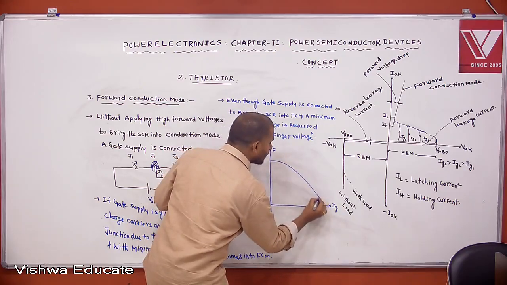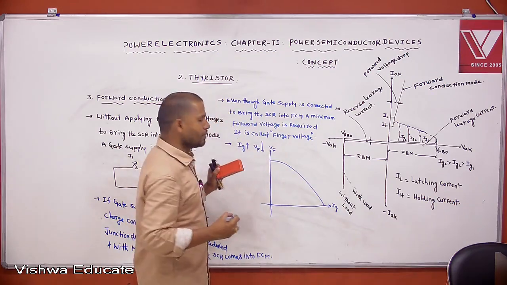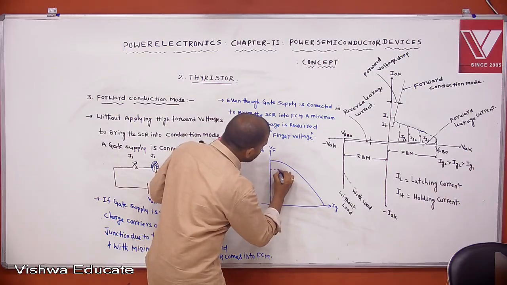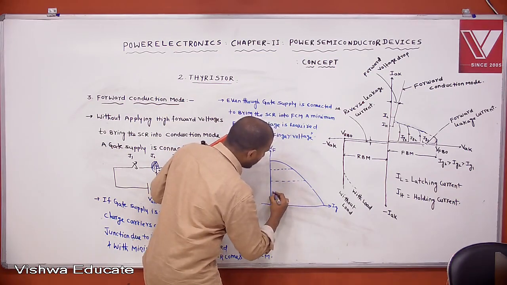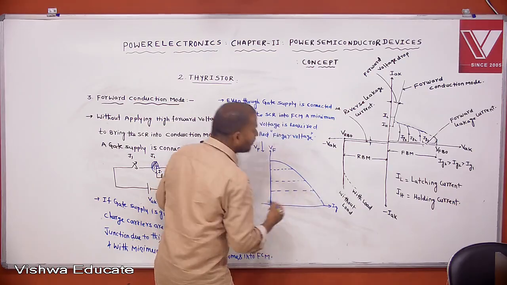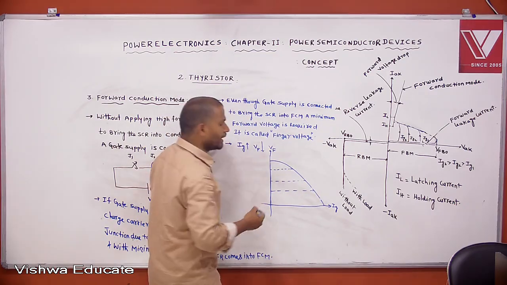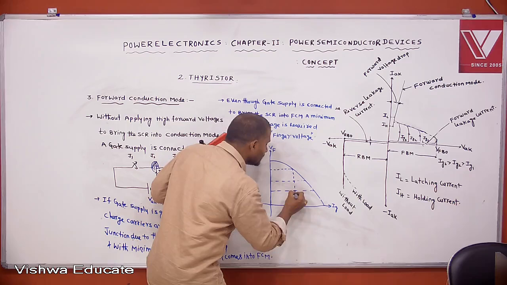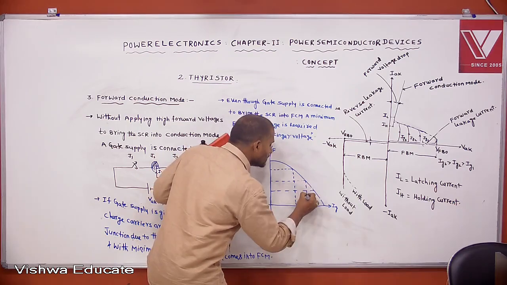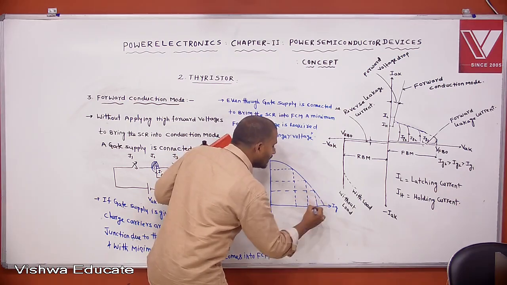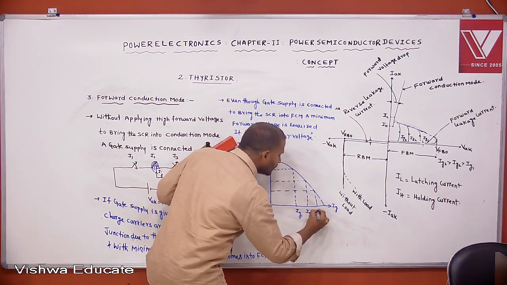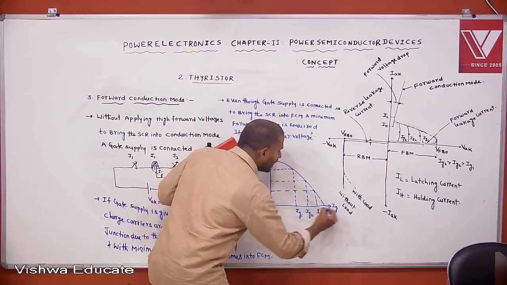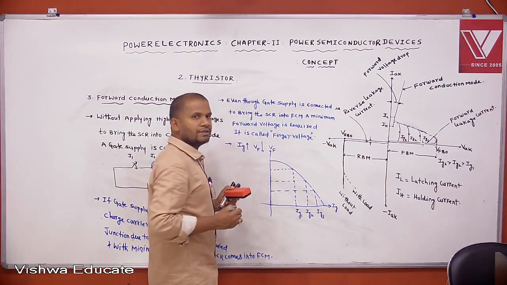This is the forward voltage required for IC1 current, this for IC2 current, and this for IC3 current.